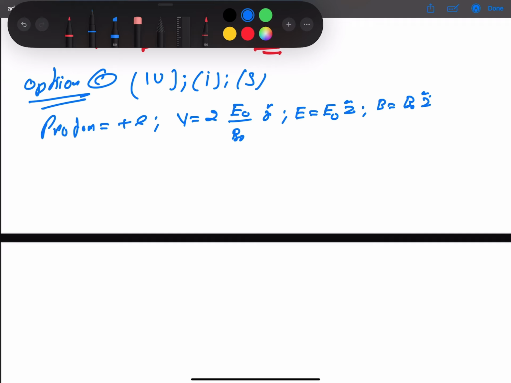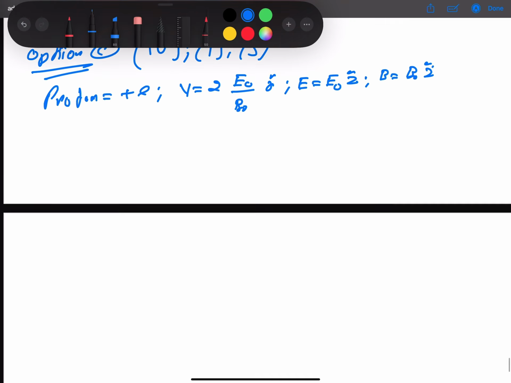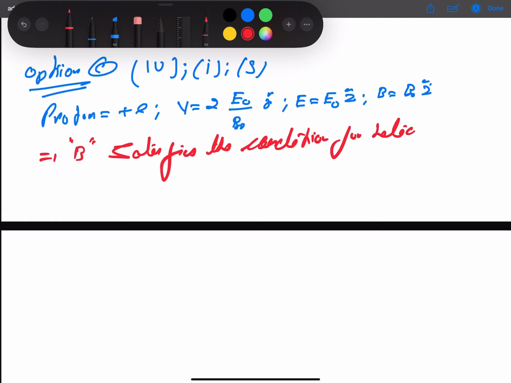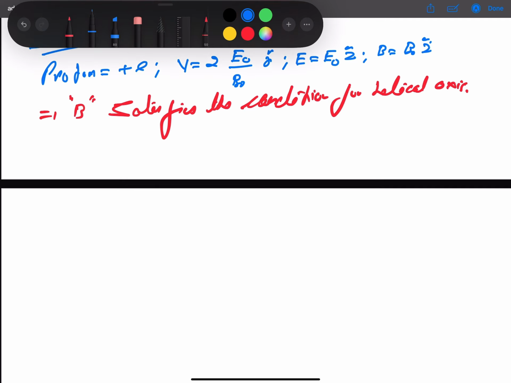So the magnetic field is along the z axis, so it satisfies the initial condition for the helical axis.